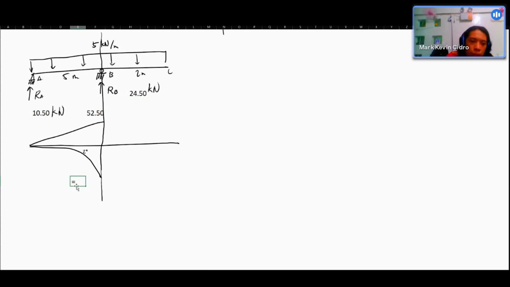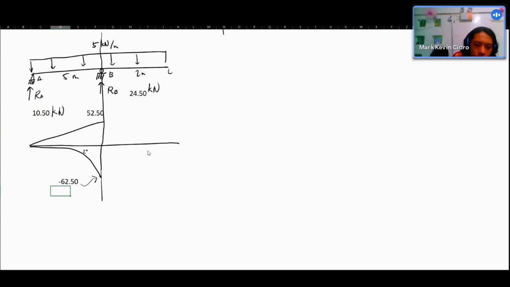So this will be negative 5 because it's downward, 5 times the magnitude of the force, times 5, the distance, times 5 over 2. Do you agree? 5 times 5 times half of 5, 5 over 2. Okay? That gives 62.5.